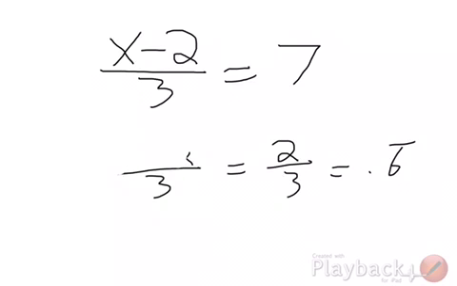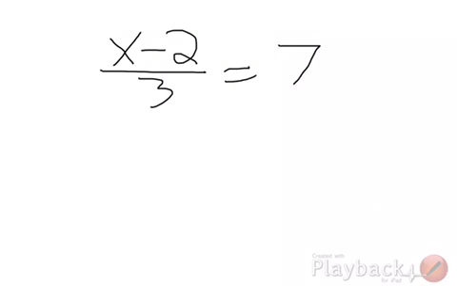So what we have to do is undo the math, and in this situation, the first thing that we're going to undo is actually the divide by 3. So to get rid of the divide by 3, we need to multiply by 3.